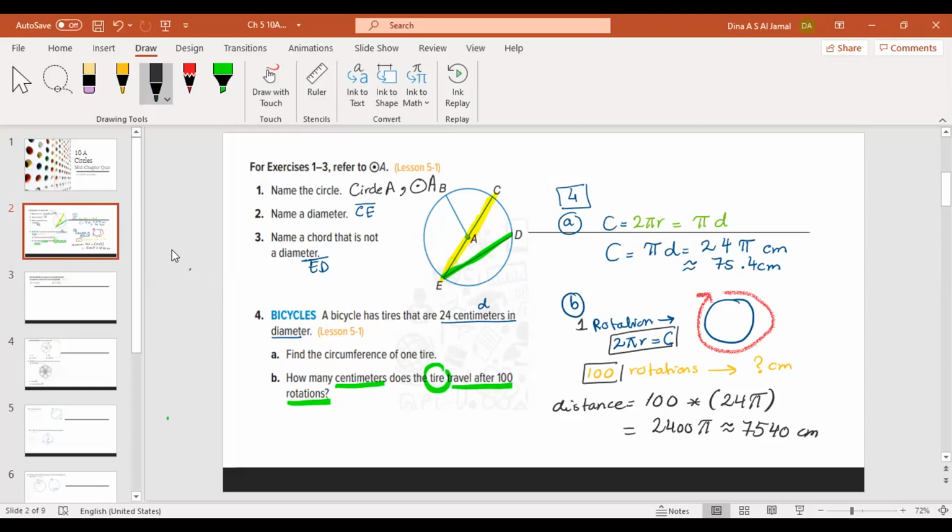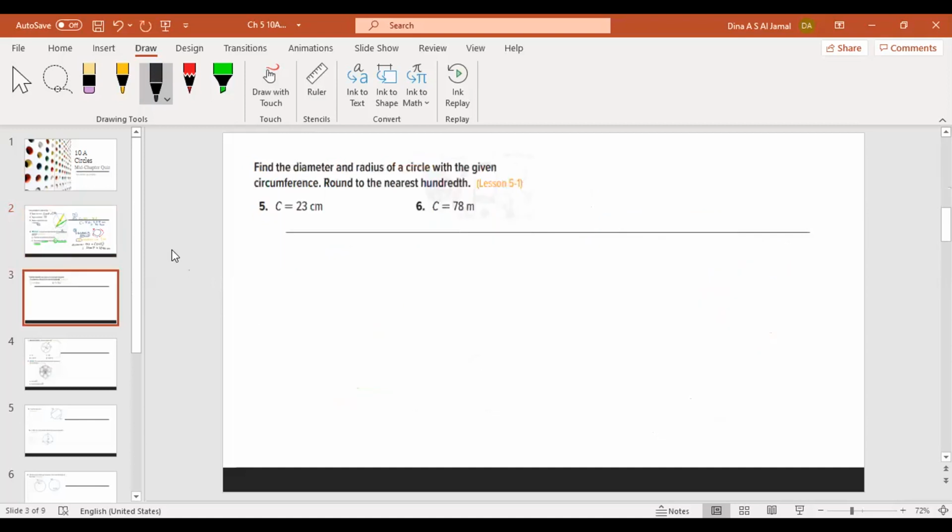Good. That means you always need to think about how to connect the rotations to the circumference of the circle itself. Good. Let's go to the other question.